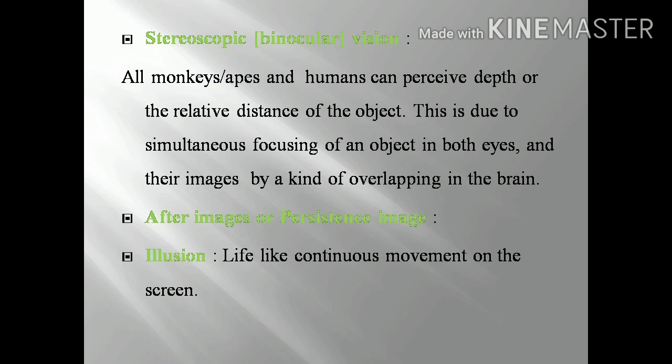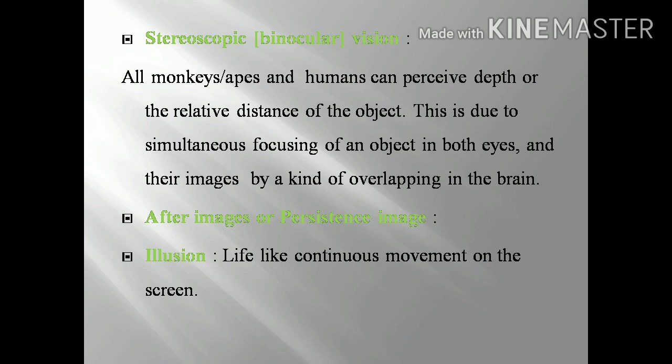This is known as persistence image or after image. After seeing a brightly lighted object, when you close your eyes, that image will remain in our eyes. It lasts for about 1/10 of a second.